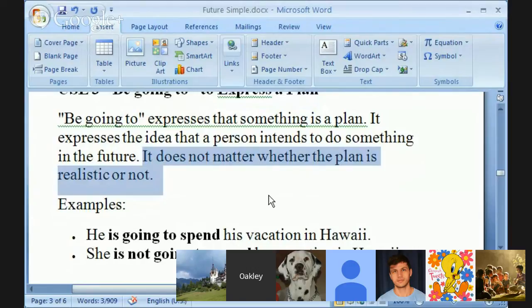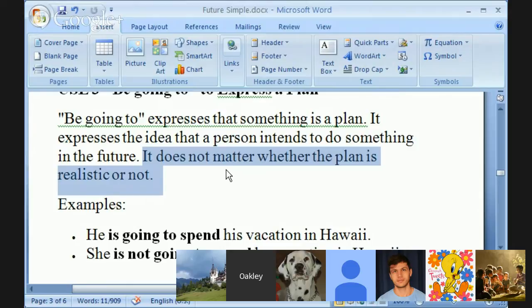Again, as I've said many times when teaching these verb tense classes and conditionals, the speaker's choice of verb tense is dependent on their own state of mind. If the speaker is completely bonkers, they may say statements that are completely not realistic or just crazy, but they may still use the verb tense.